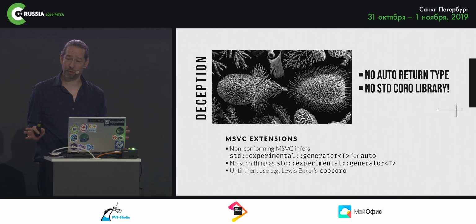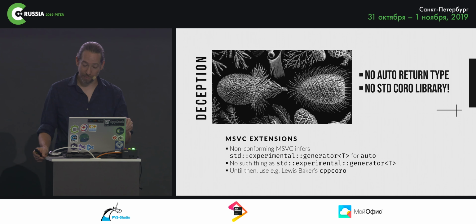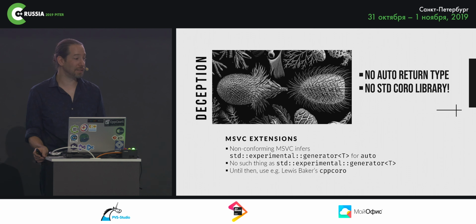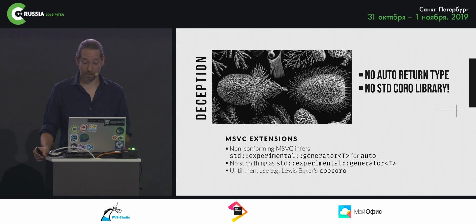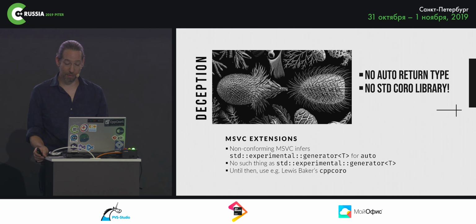Now, maybe the auto return type will be supported in the future. However, in C++20, it cannot be supported. And this is the sad part, because there is no such standard class as std generator. And why is that? That's because the C++ standard for C++20 will not ship with any standard coroutine support library.